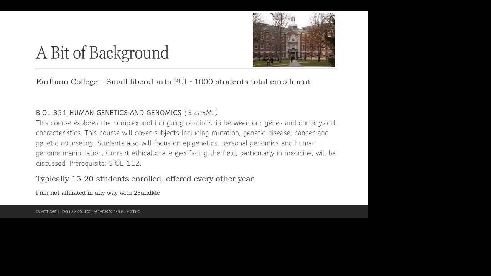And the course that I teach is a 300-level biology course, Human Genetics and Genomics, and we really use a human-focused approach. Obviously here we use a textbook that's a medical text that talks about all these different genetic diseases and explore the relationship between mutations and the cellular and then physical effects of those mutations.